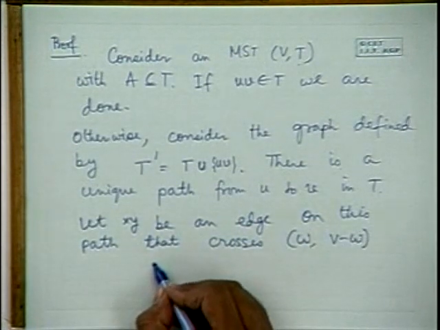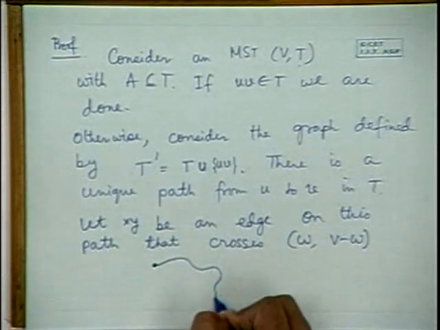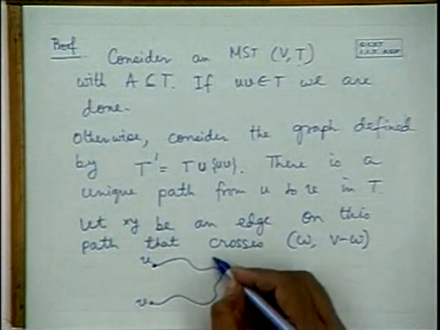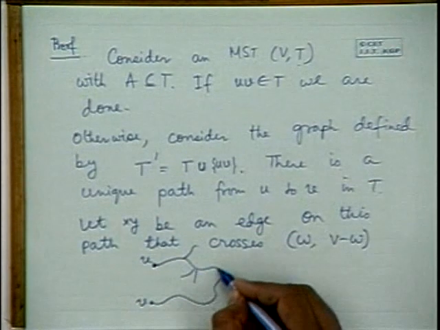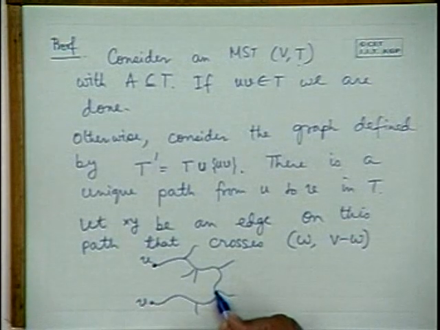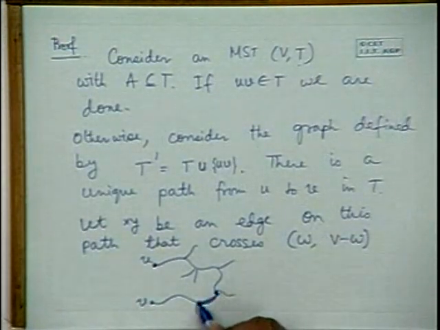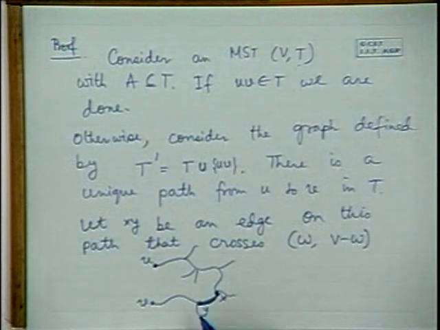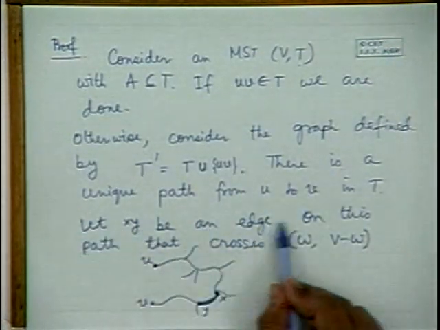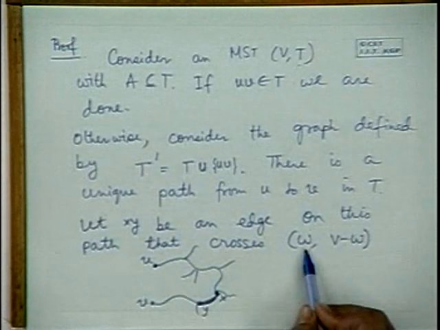We have U here, and there is a unique path from U to V in the spanning tree. So U and V are here, something else is going out like this, but there is a unique path. Suppose we have taken X and Y, there is an edge. XY is an edge on this path that crosses the cut.